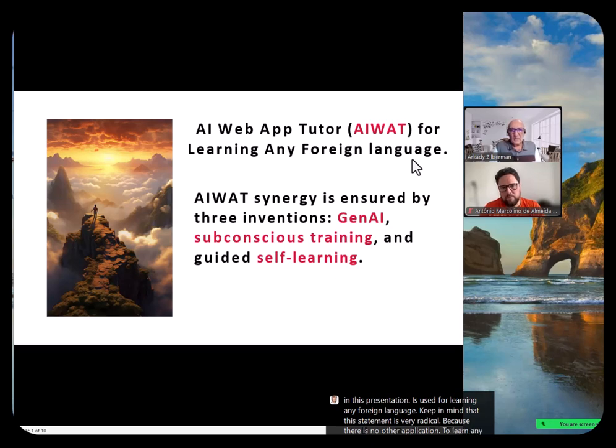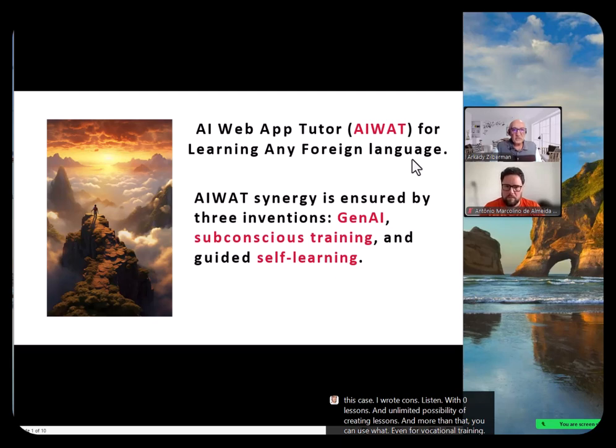If you mention that Duolingo does it, it's wrong, because when you use Duolingo for learning any foreign language, each time it's a different program. Each time it's a separate part. In this case, AIWAT comes with 0 lessons and unlimited possibility of creating lessons. And more than that, you can use AIWAT even for vocational training.